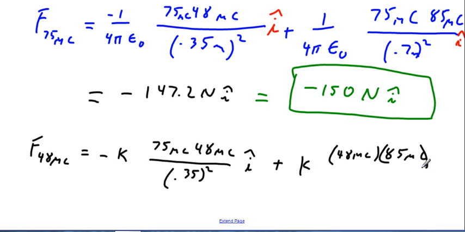These are attracting each other, and that's why it's going to be positive, over 0.7 squared i hat.